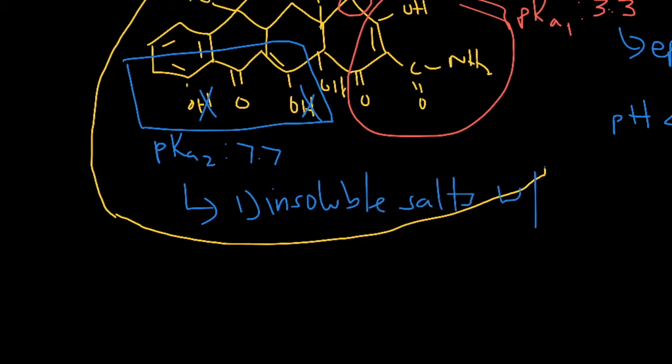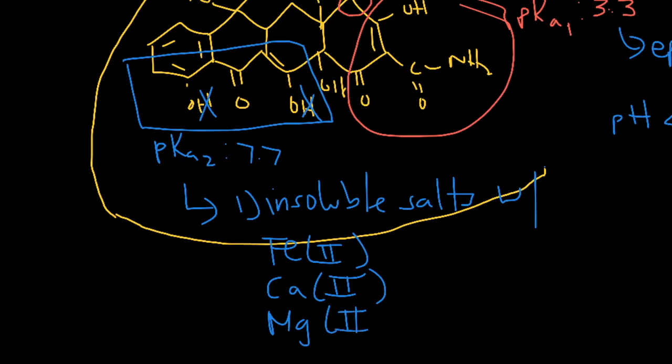With iron 2, calcium 2, and magnesium 2, and aluminum 3. You can either remember the numbers as these are the regular charges of ions.